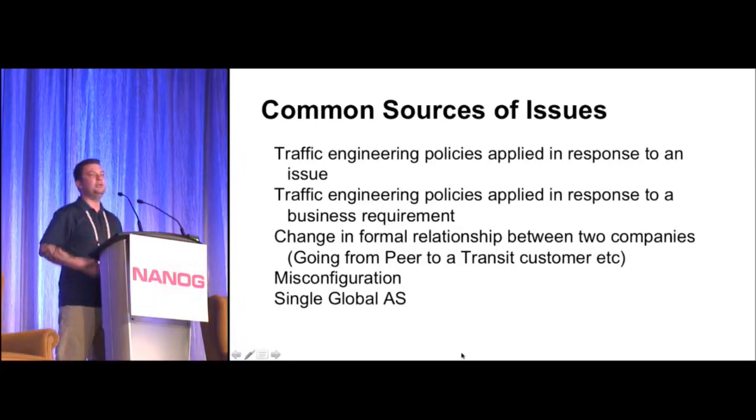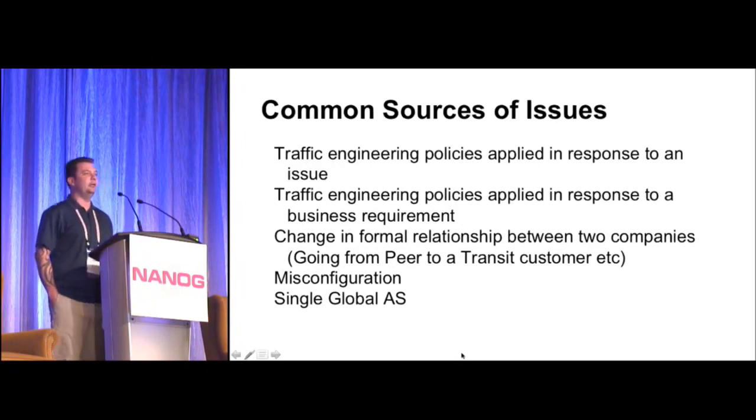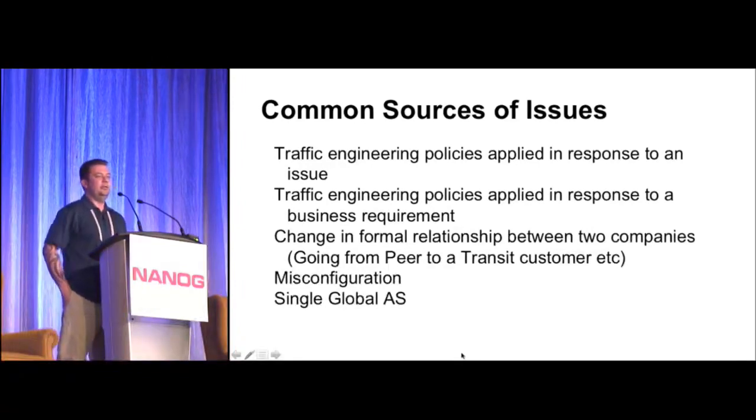Some of those TE policies are applied due to an issue, whether the issue is a link being congested and traffic needed to be shifted off it, whether it's an end customer of the ISP complaining about their current traffic path and wanting to shift over to a better one, or maybe it could just be a response to a deteriorated downlink. Really, the issue ones are temporary, hopefully, and there are ones that I'll go into a little bit more, but it's a more common one that I've found when we're looking into issues on that.